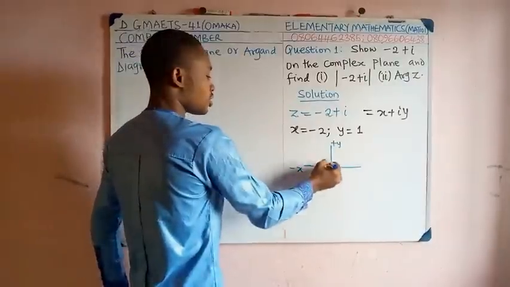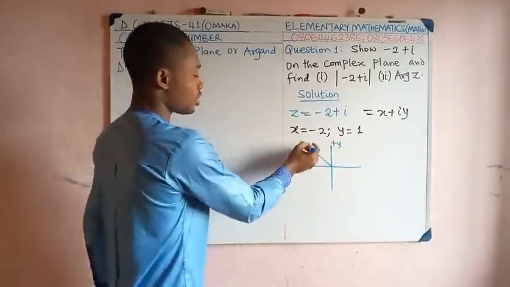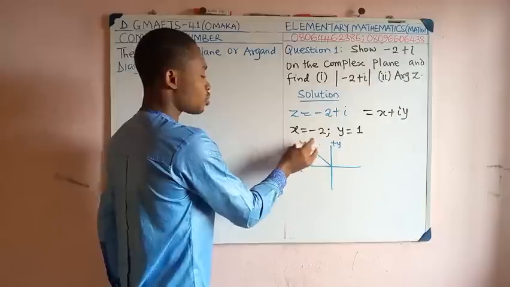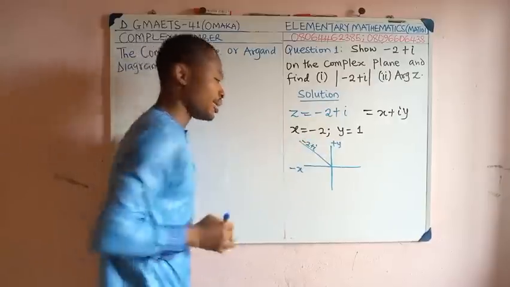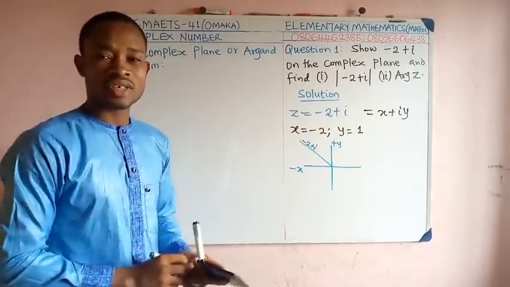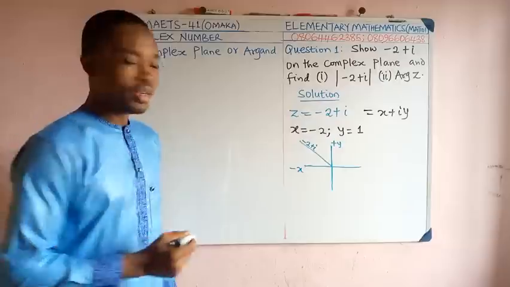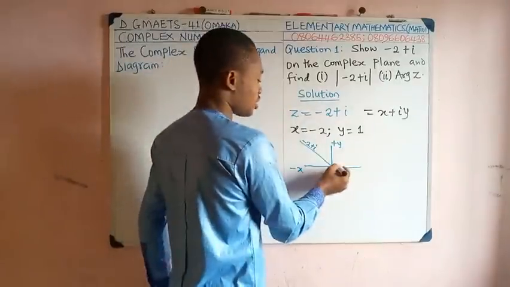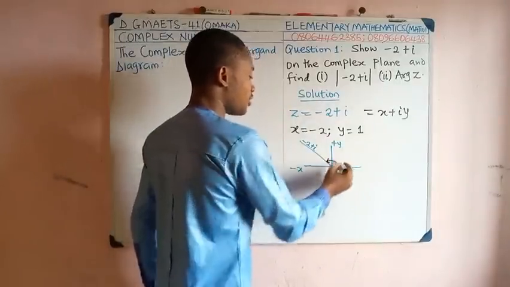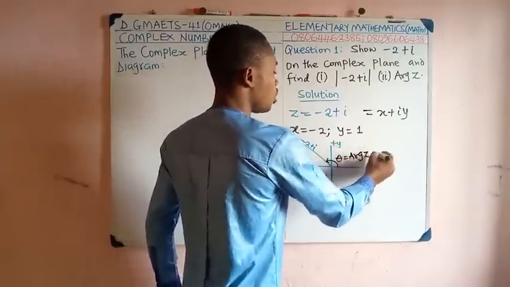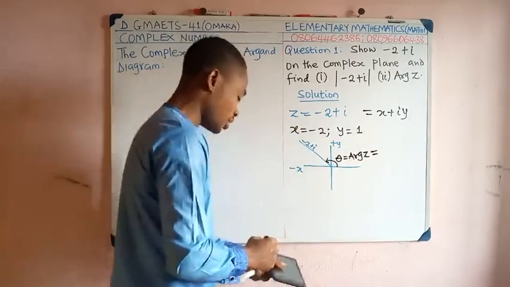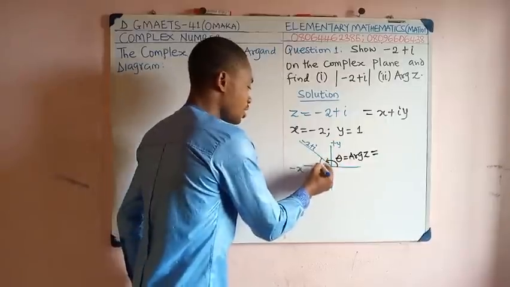So all I need to do is draw something like this. This is my z, minus 2 plus i. Alright, I've shown this on the complex plane. That's the solution. If I want to do further things, I can decide to show the argument of z. This is theta, which is equal to arg z. And of course, since it is the second quadrant, you already know that this part is alpha.